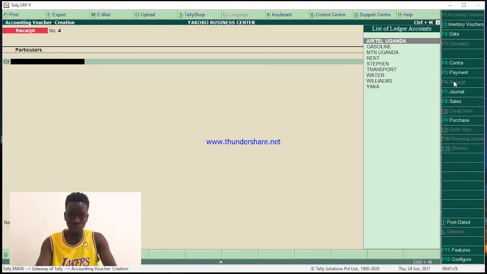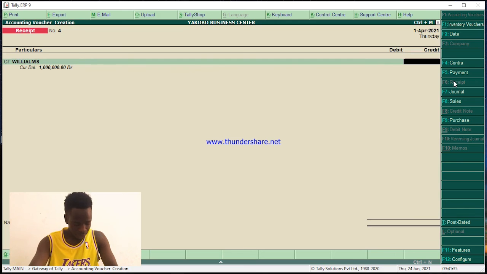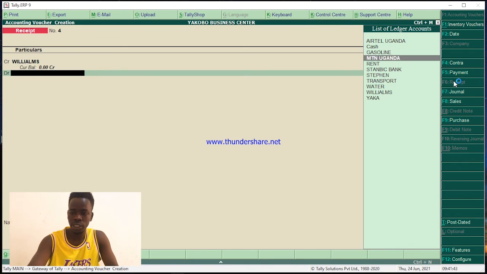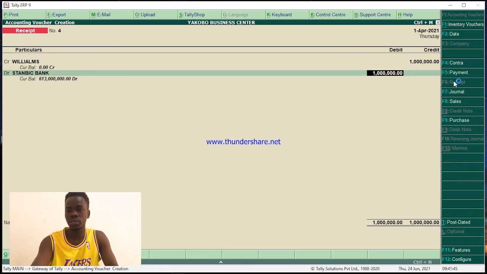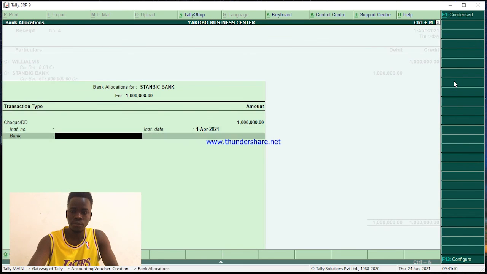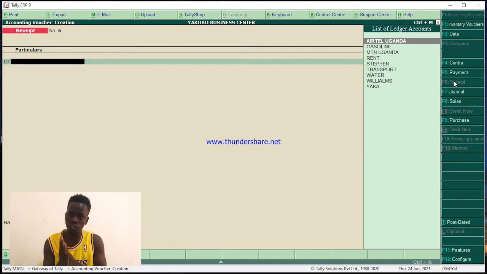The next one, we are going to accept the payment from William. William is paying us 1 million. So we are going to accept and put the money into our bank account in Stanbic Bank. And yeah, we are done with the transaction. So we are good to go.